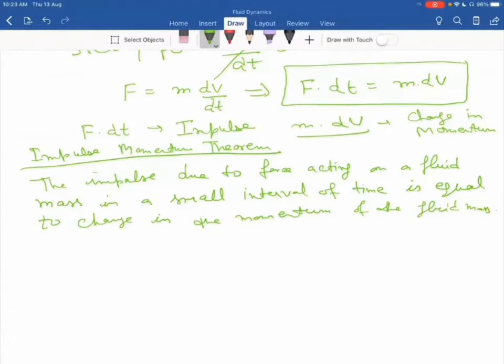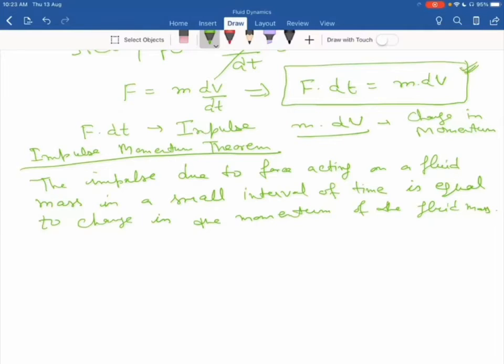Okay, so this is the impulse momentum theorem. The force, not impulse: the impulse due to force acting on a fluid mass in a small interval of time is equal to the change in momentum. So this is the impulse momentum theorem, and this equation is the impulse momentum equation.